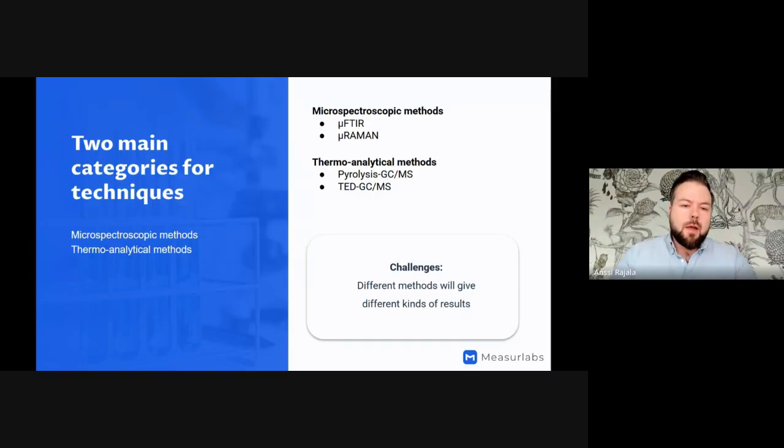The microspectroscopic methods provide particle-based data, and the thermoanalytical methods directly provide concentrations of polymers in mass. Both are very robust and very good methods for identification and quantification of microplastics, but due to the very large difference in the way they work, they suit different needs better.